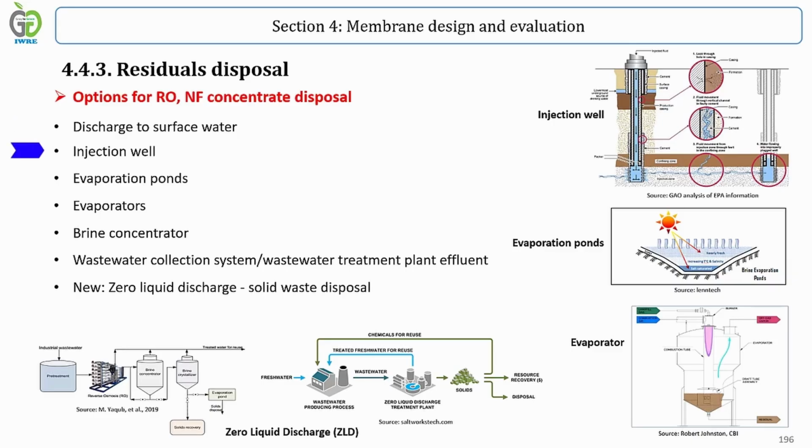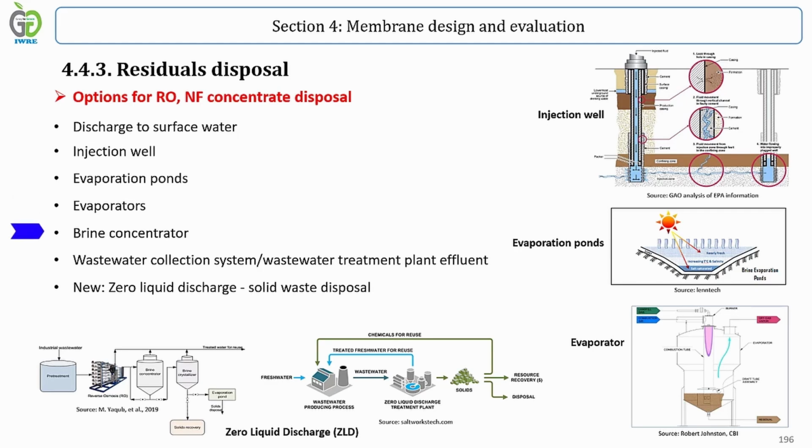Injection well, that is a device that places fluid deep underground into porous rock formations such as sandstone or limestone, or into the shallow soil layer. Evaporation ponds as a low-cost option for the areas where there is no limitation in land for construction of the ponds. Evaporators as an option for the areas with land limitation.